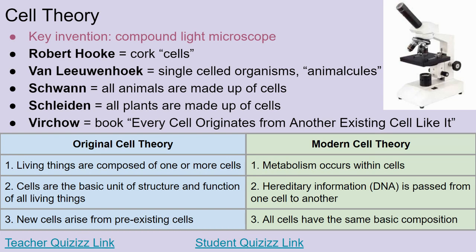So the first of those ideas is that metabolism occurs within cells. And what that means is there are different chemical reactions happening in each cell to produce energy. Those could be things like photosynthesis or cellular respiration. The next part of the modern cell theory is going to be that hereditary information, which is DNA, or sometimes even RNA, is passed on from one cell to another.